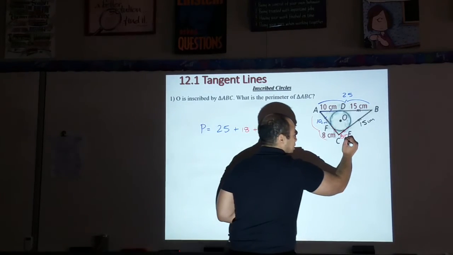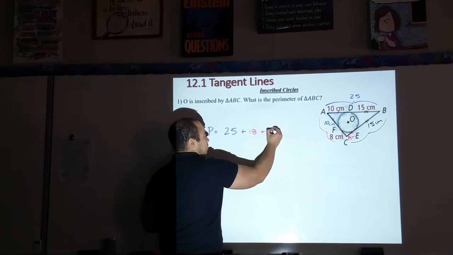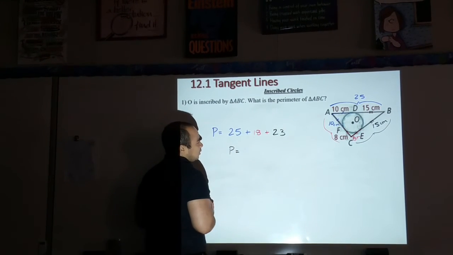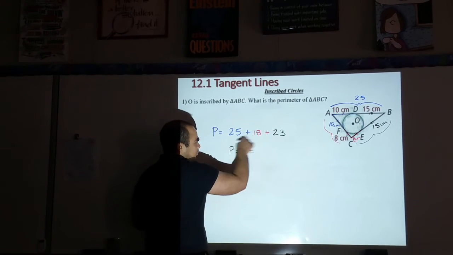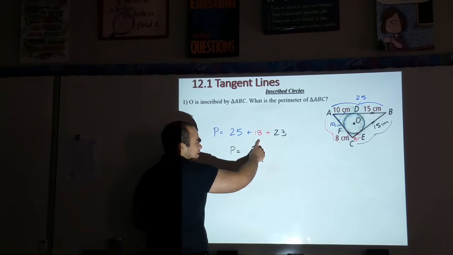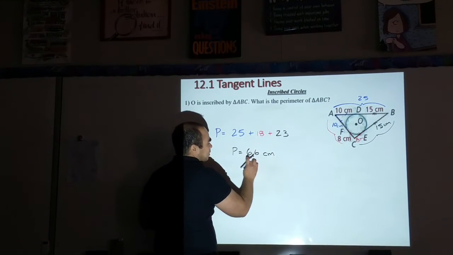And then the total length of CB is 8 plus 15, which is 23. So our perimeter for our triangle equals, well, 25 and 23 is 48. 48 plus 18 is 66. In this case, centimeters.